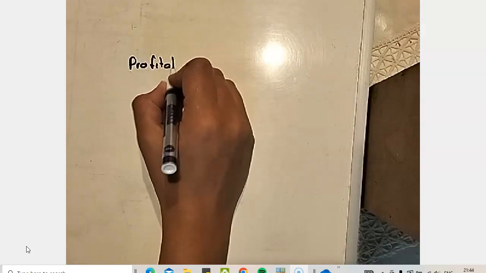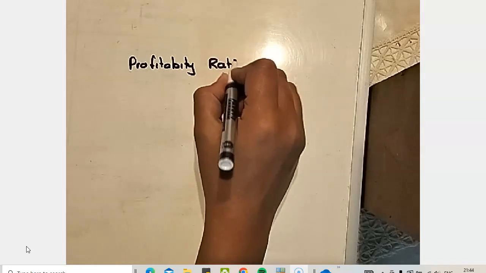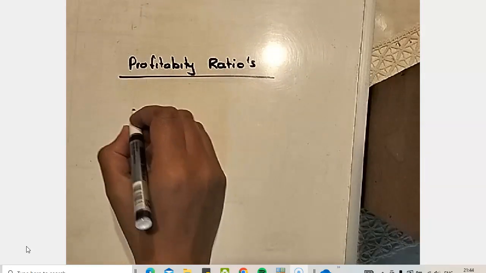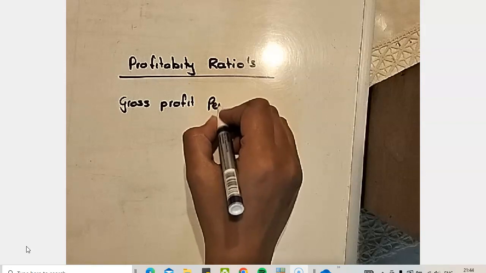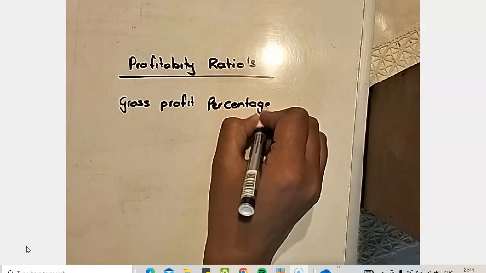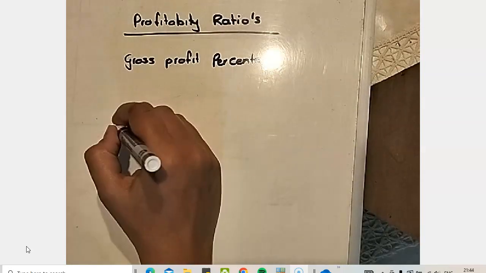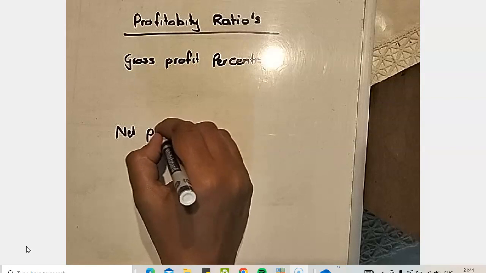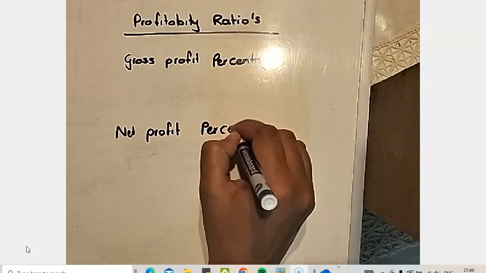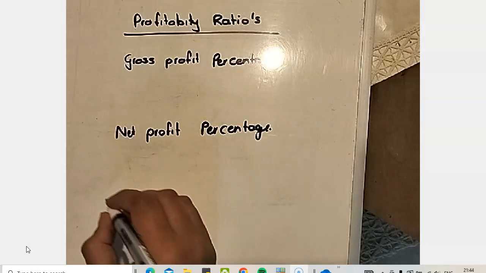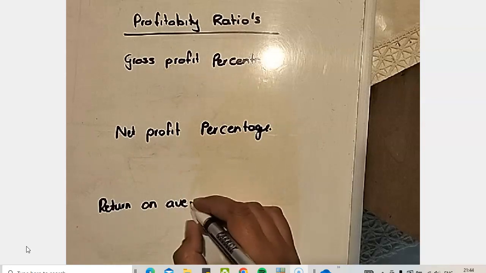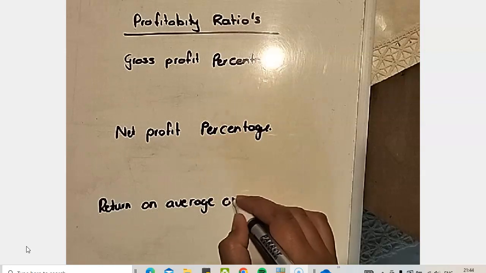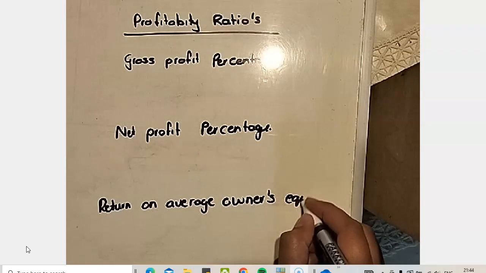So if we look at the profitability ratios, it consists of the following: the gross profit percentage, it consists of your net profit percentage, and then you've got the return on average owner's equity.